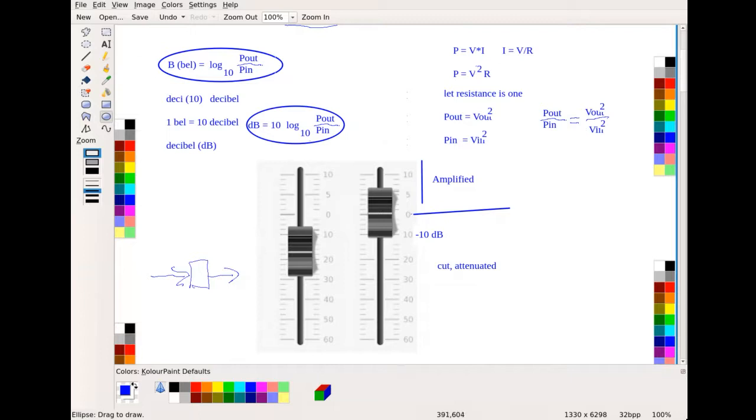So the decibel is 10 times this value. I was reading that last night and I thought it looked incorrect.